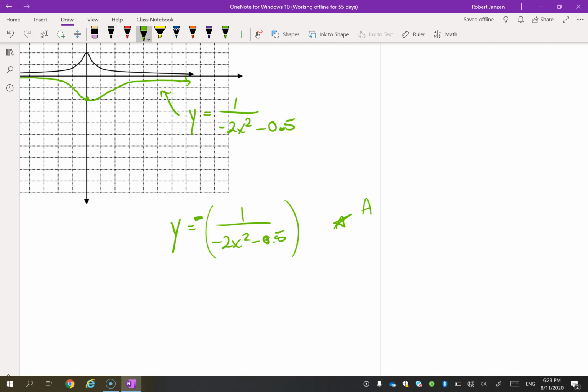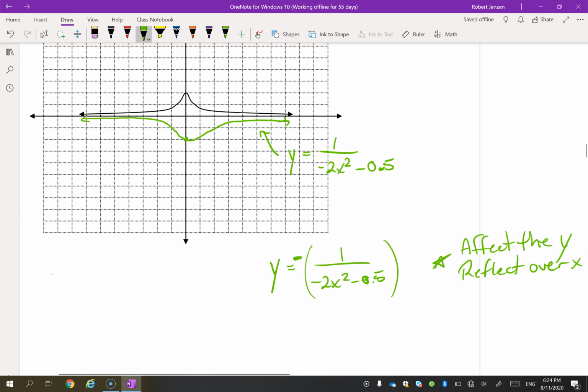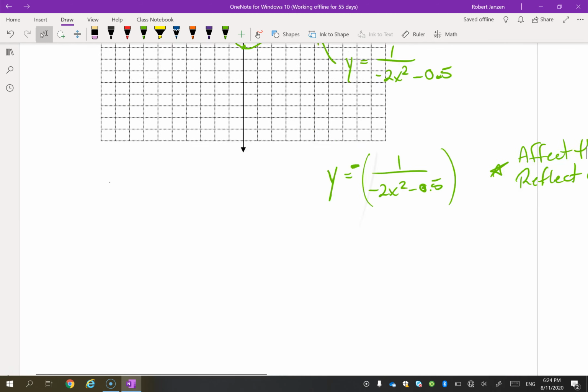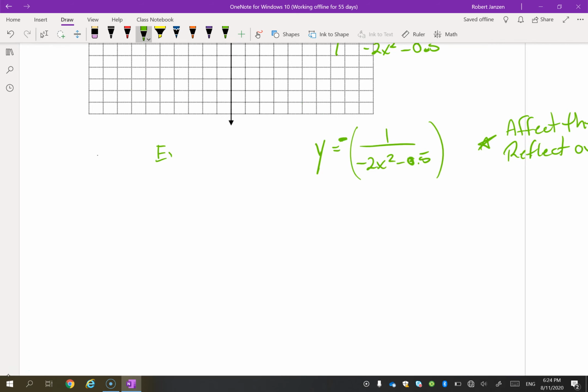If you want to affect the y, or if you want to call it reflect over x-axis, all you do is you put brackets and a negative in front. Okay, this is the image equation, the equation of the image. Okay, so let's write that.